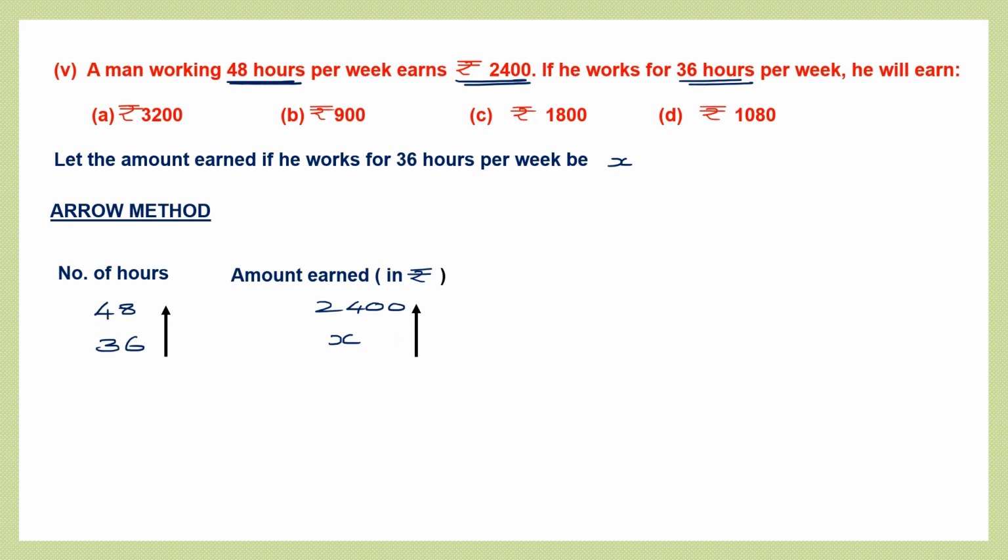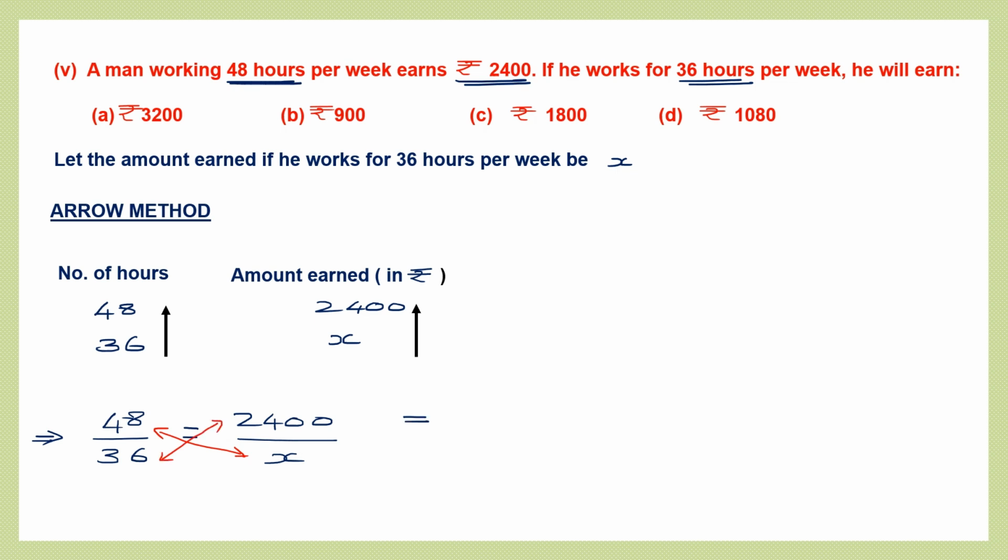It's pointing at 48. So we write that as the numerator and 36 as the denominator, and this is equal to, again, what is the arrowhead pointing at? It's pointing at 2400. So we write 2400, and in the denominator we write X. So this is how we get it. Now we're going to cross multiply X and 48 and 36 and 2400.